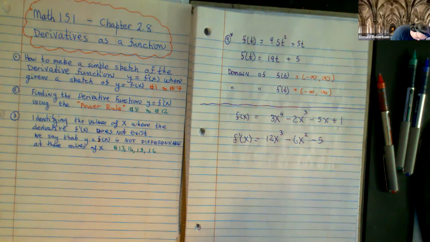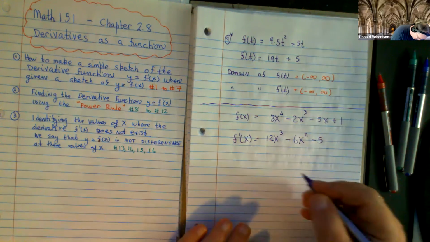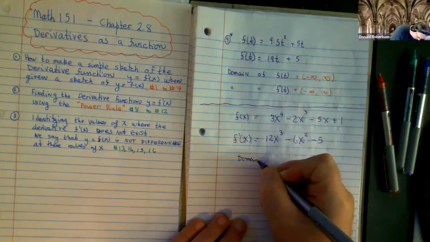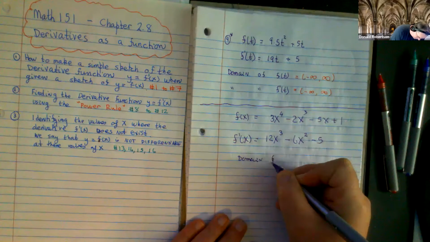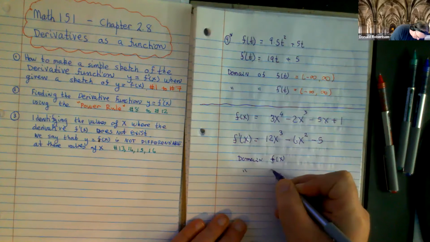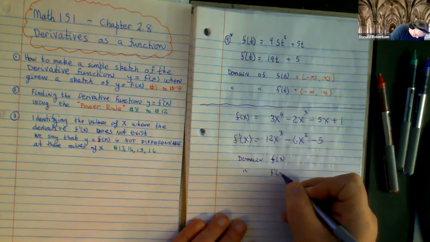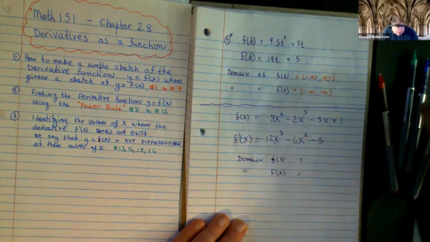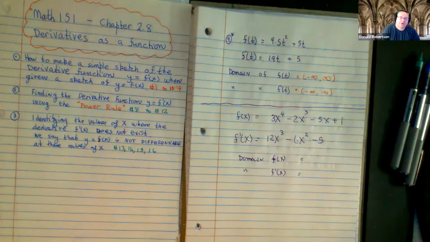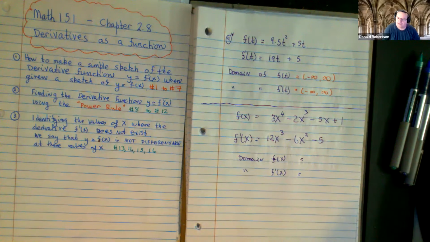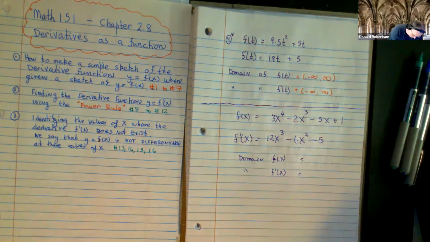They're going to ask you for its domain: the domain of f of x and the domain of f dash of x. Isn't the domain of every polynomial in the universe all the numbers?